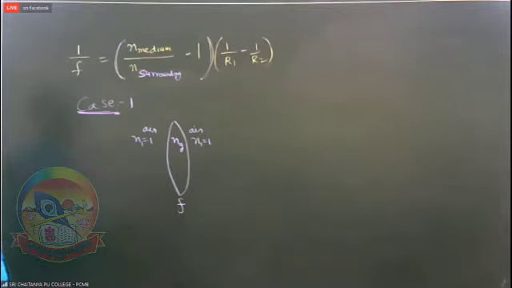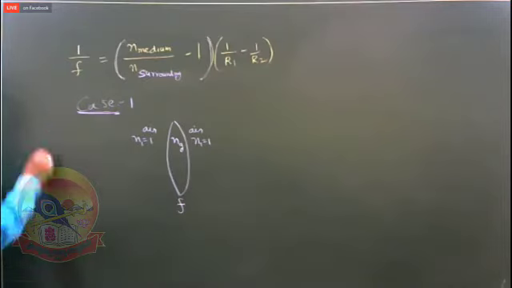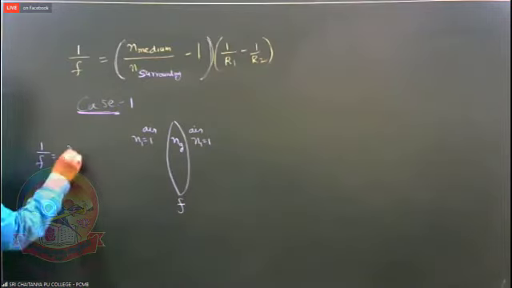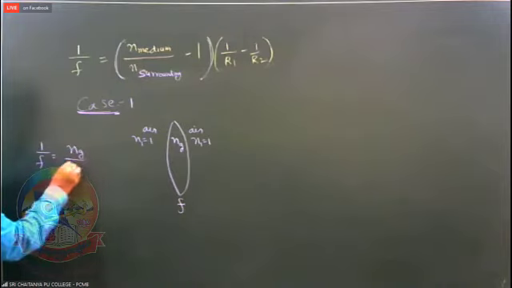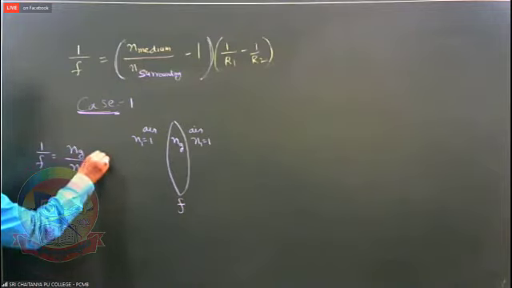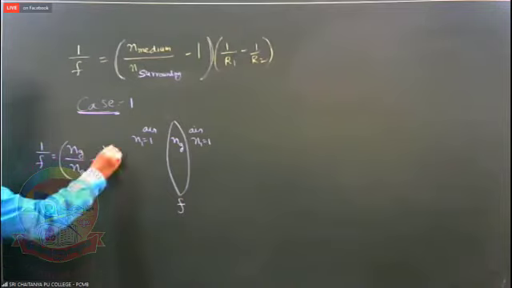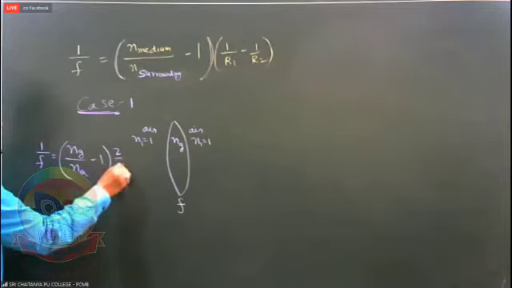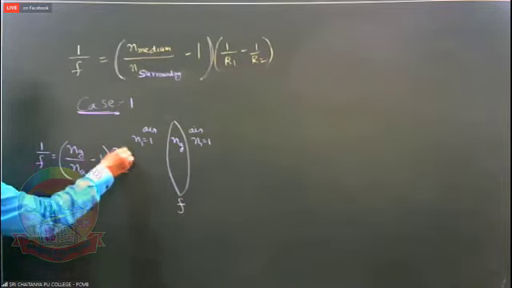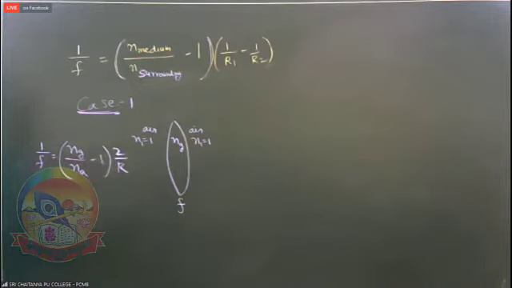Then how is it given? By using this formula, 1 by F is equal to N glass by N air minus 1, into 2 by R. Imagine it is a convex lens.